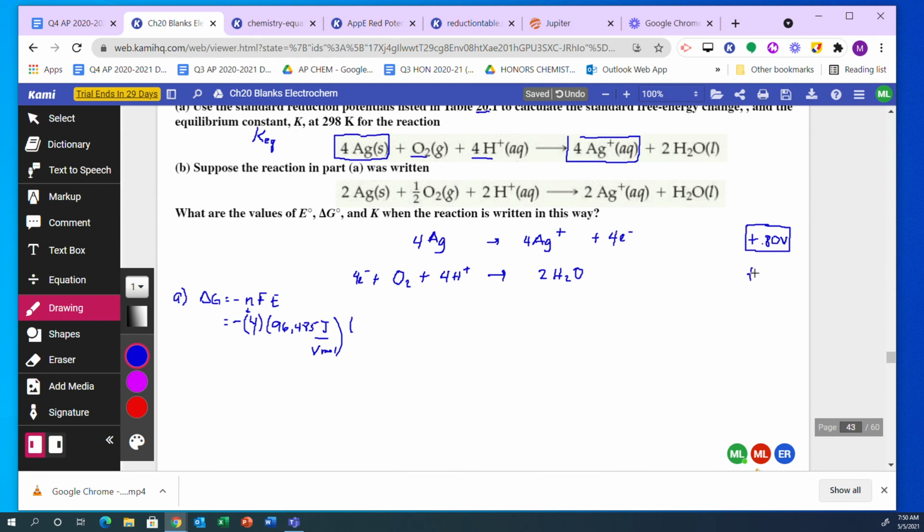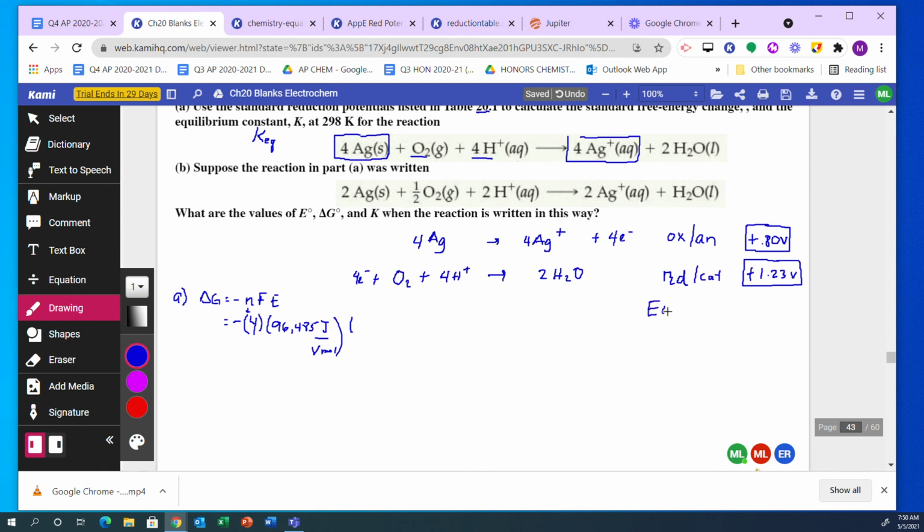So it's positive 1.23 volts as written. So silver got oxidized, so this is the anode. Oxygen got reduced, so this is the cathode.